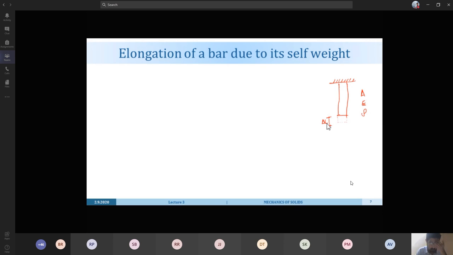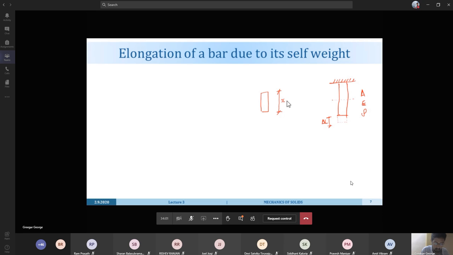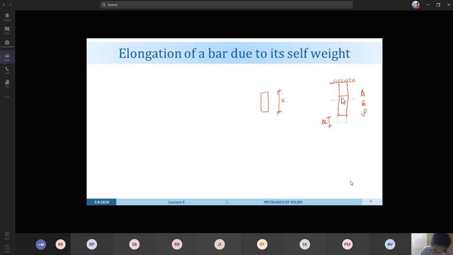In order to do this, we will again consider a small section. We are considering this region, and let it be X. This is a dx element having a dimension of dx.